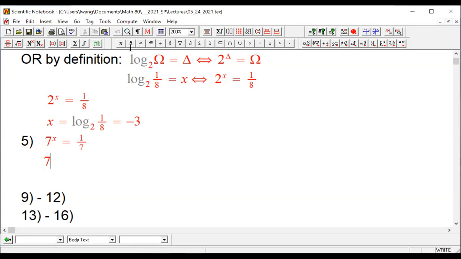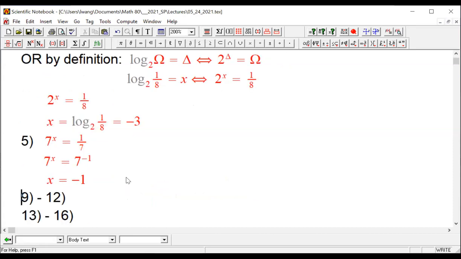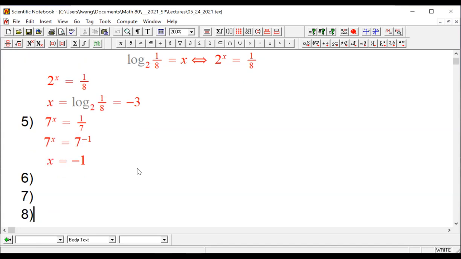So if 7 to the power of x equals 7 to the power of -1, then x has no choice but to equal -1, right? So we did number 5. Now 6, 7, 8: I want you guys to work on these 3.